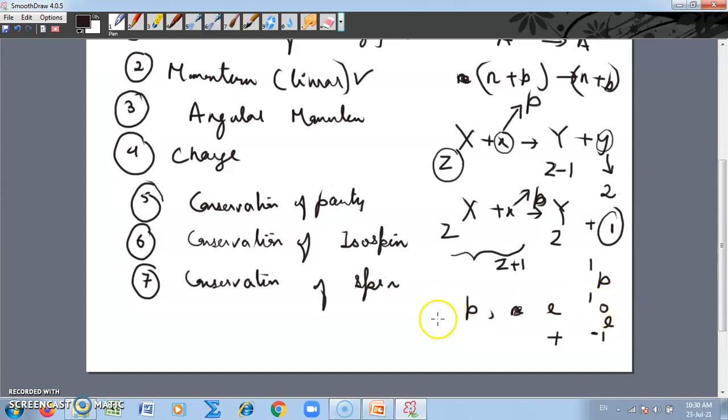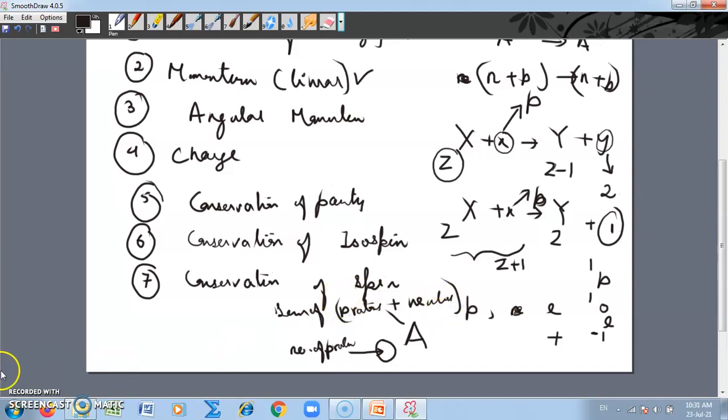Why? Because when I write an element like this, here we write the number of protons, and here we write the sum of number of protons plus neutrons. So we'll talk about this in part C of today's lecture.